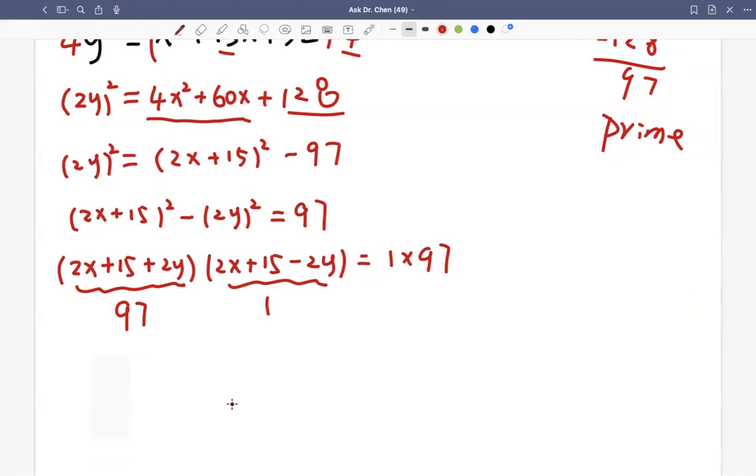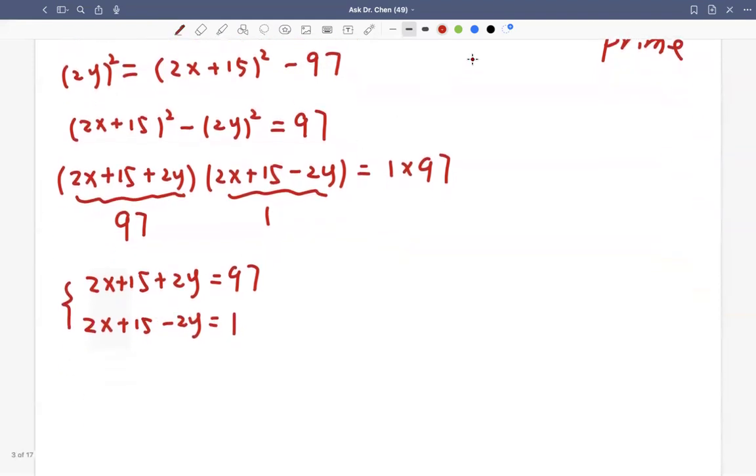So we have 2x plus 15 plus 2y equals 97, and 2x plus 15 minus 2y equals 1. We have this system of equations to solve. We can add those two equations, because when we add, we get rid of y. 2x plus 2x, 4x. 15 plus 15, 30.